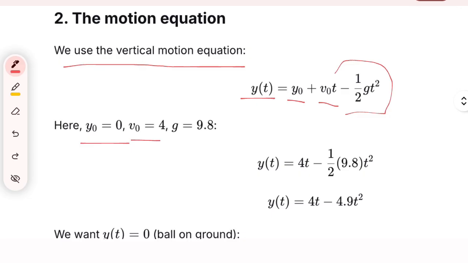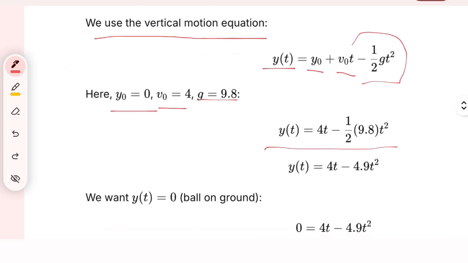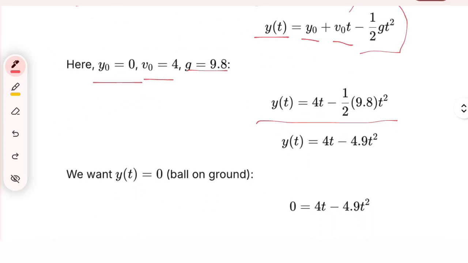The initial velocity is given, that's 4. And of course, the constant g. I want you to substitute these known numbers into the equation. It would look like this once you substitute them.